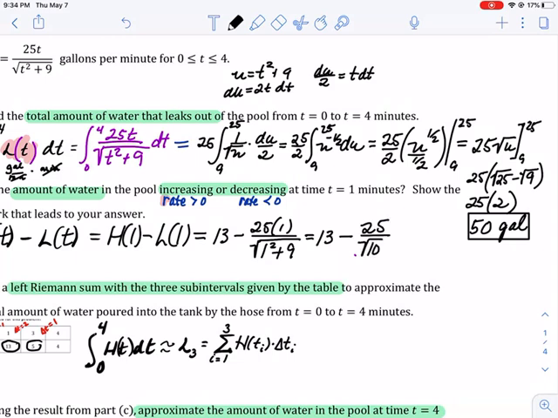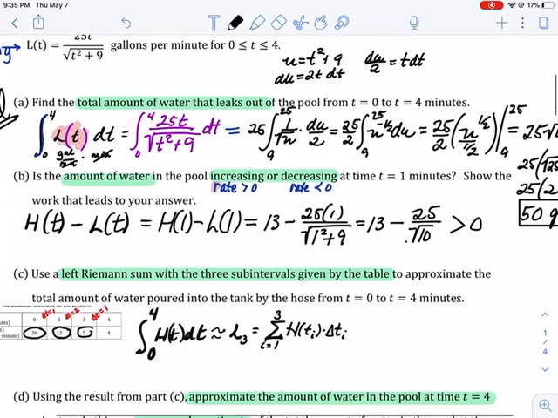And I'm going to do a quick estimate and say 25 divided by the square root of 10 is about 8 something, because it's like 24 divided by 3 would be 8. So this would be 13 minus about 8 something. So it's still going to be a greater than 0 rate.